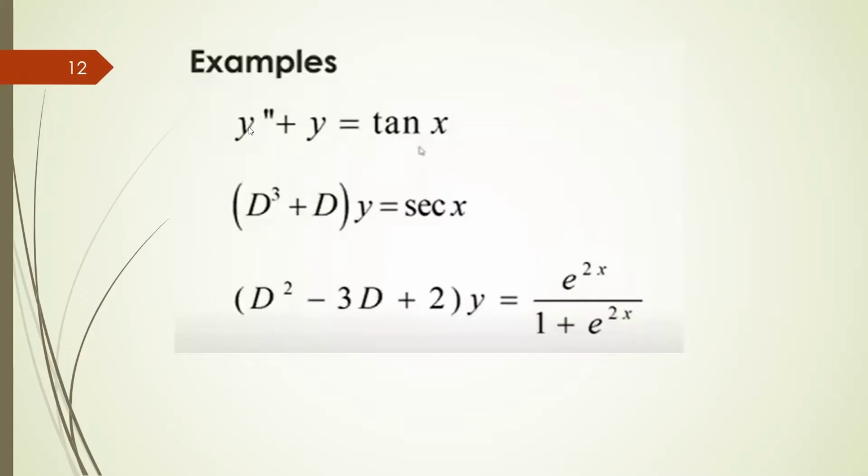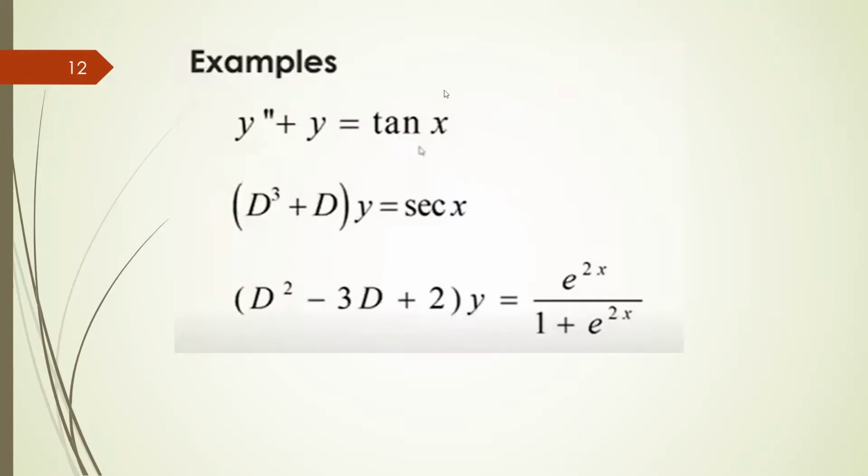For example, y double prime plus y is equal to tangent of x. Some of you might say, isn't it that this one is simple and can be solved by the method of undetermined coefficients? No, because for the method of undetermined coefficients, the right side should be a solution of real distinct, real repeated, imaginary, or imaginary repeated.